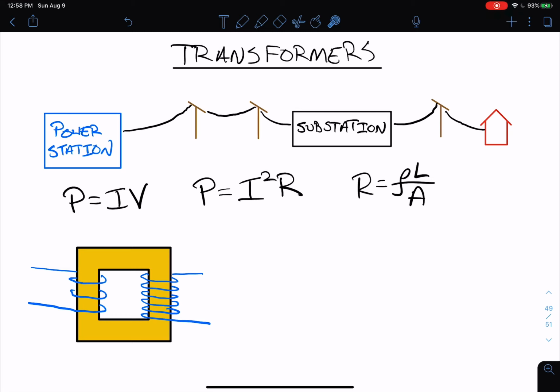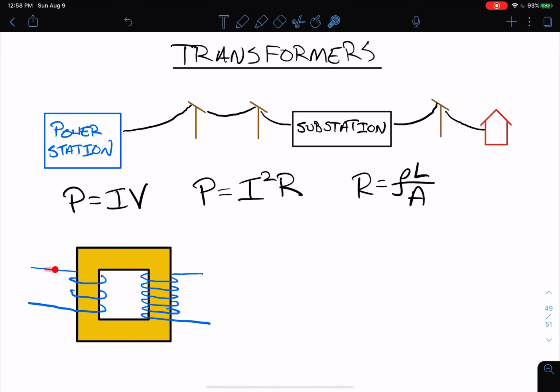Transformers work best with AC, which is alternating current. In alternating current, the individual electrons do not actually travel all the way around the circuit. They just oscillate in place, like this, back and forth. And if one is oscillating, then the one next to it starts oscillating, and so on and so forth. It's kind of like longitudinal waves.